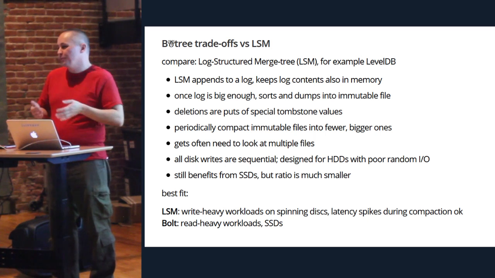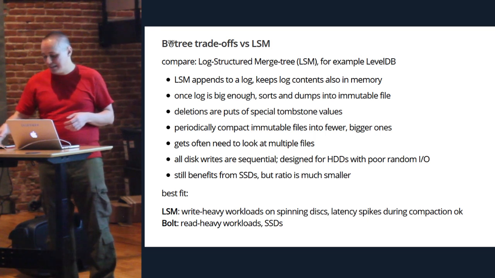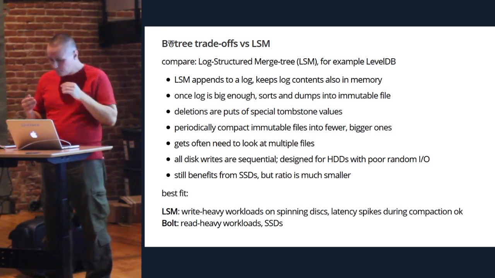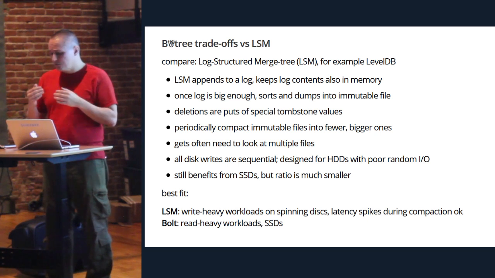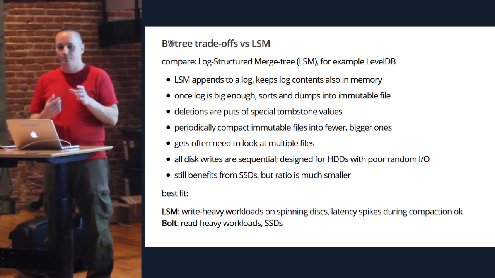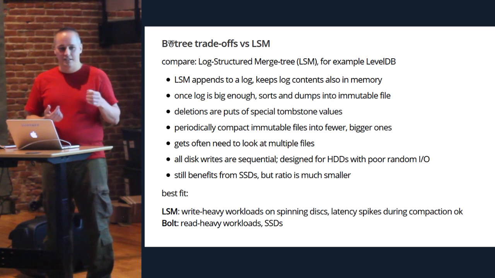And one of the popular alternatives that gets mentioned is LSMs like LevelDB, for example. These two are completely different in design, but used for similar purposes, which leads you to the question of which one should you use. Well, the basic guideline is this.